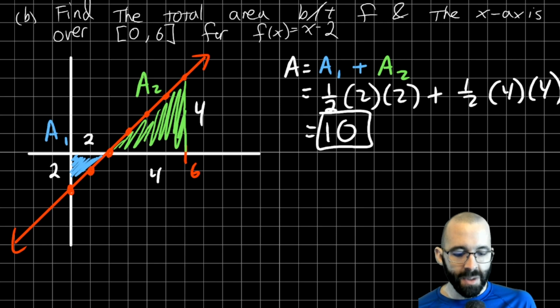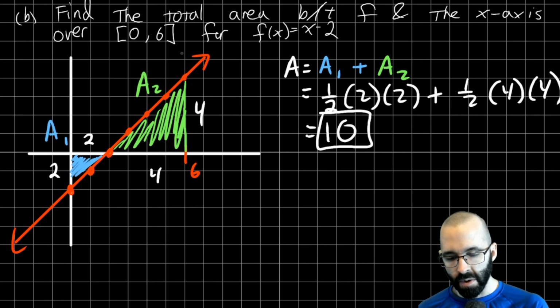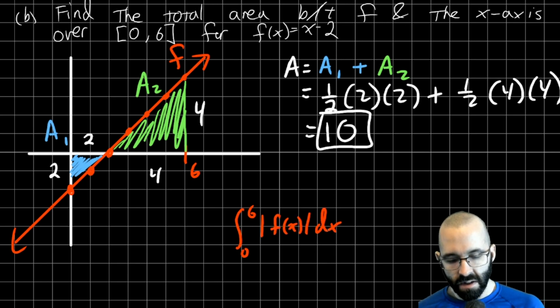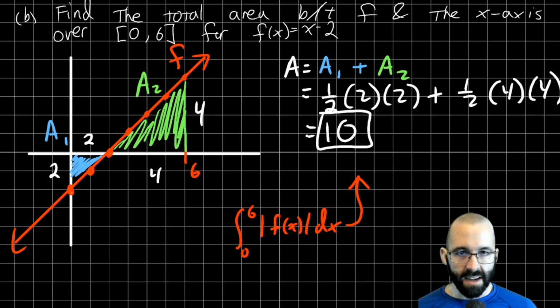The integral would be 6, 8 minus 2. But it wants to know total area. So it didn't ask us this, but if this were the function, then 10 would be the integral from 0 to 6 of the absolute value of this function. It didn't ask us that, but if it did, that's how we could correlate it.